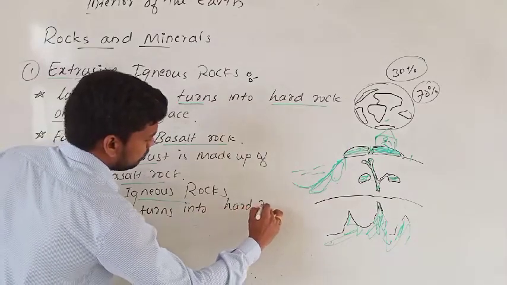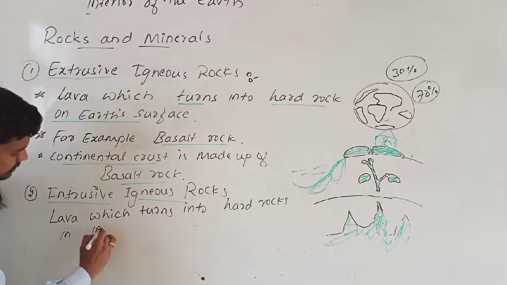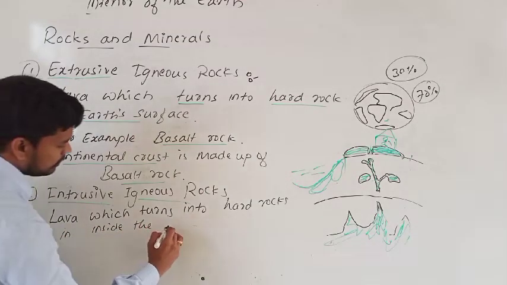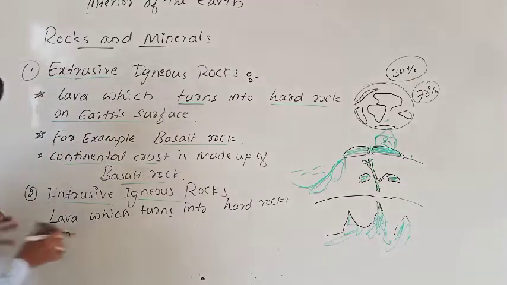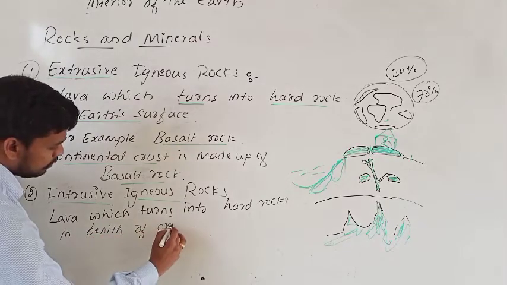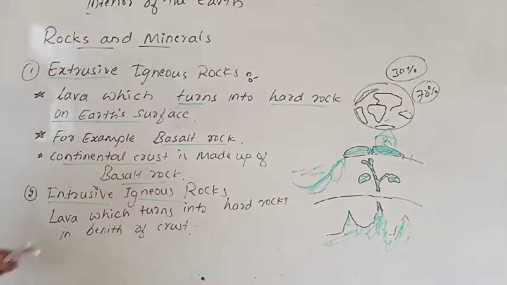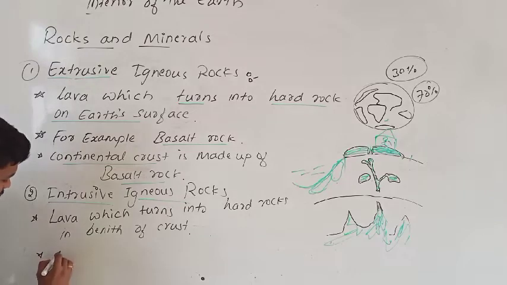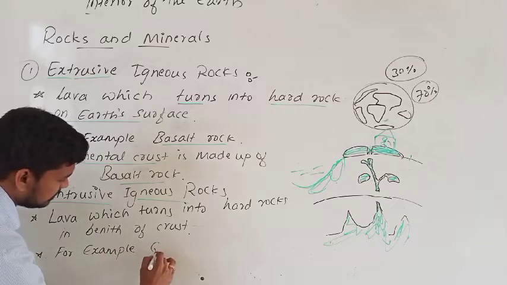Lava which turns into hard rock inside the crust or beneath the crust is called intrusive rock, inside the Earth's surface. Extrusive is outside the Earth's surface. For example, granite.